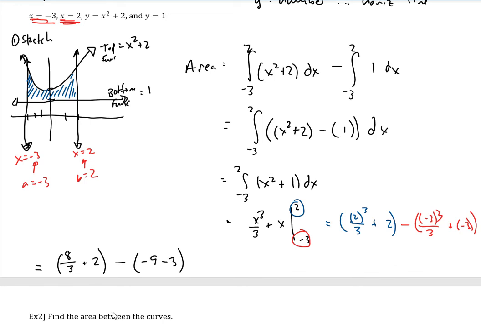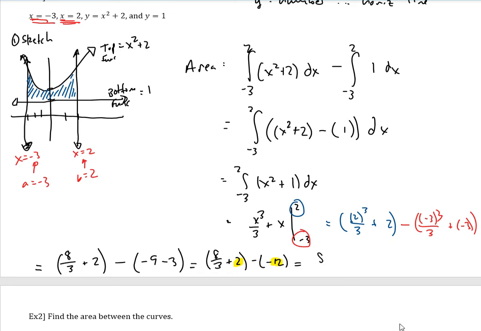And however you do it, you could use a calculator too at any point, but at this point I would simplify the parentheses here. So we have 8/3 plus 2 minus -12. And then minus a -12 would become positive, I am going to go ahead and combine 2 with 12 to make that 14.